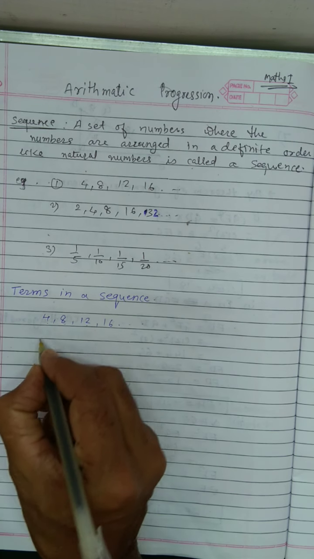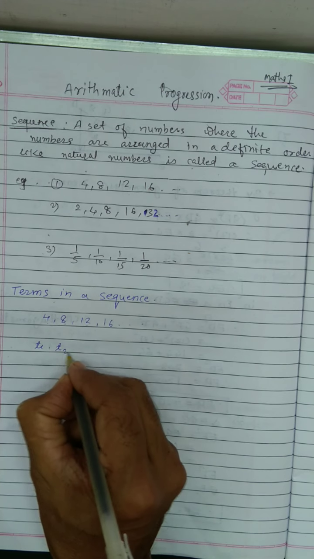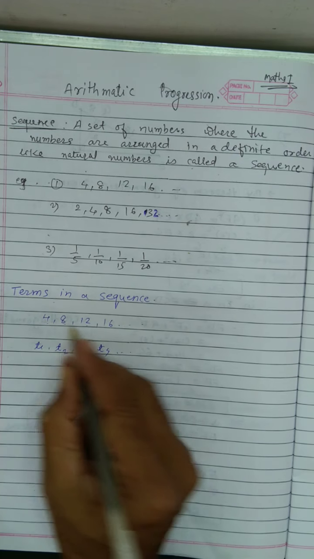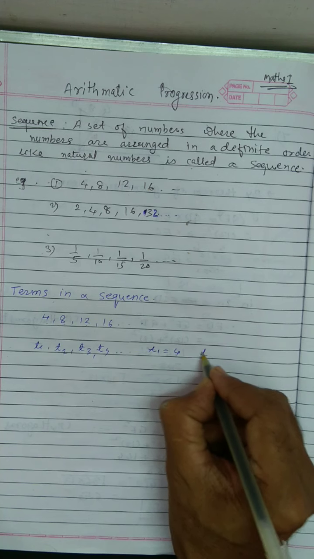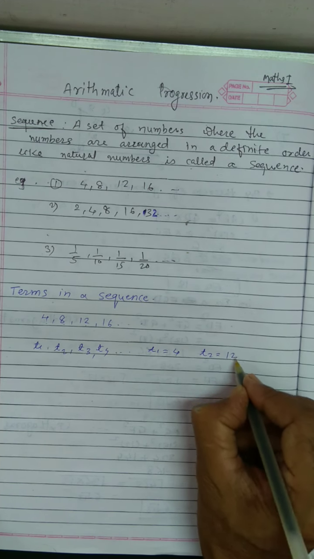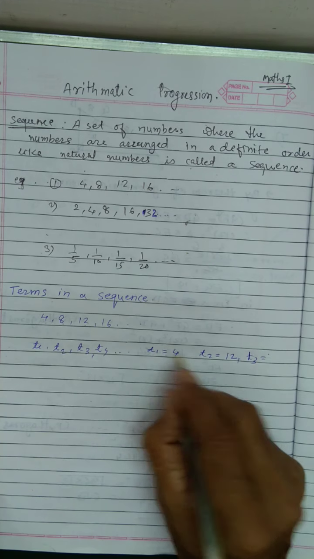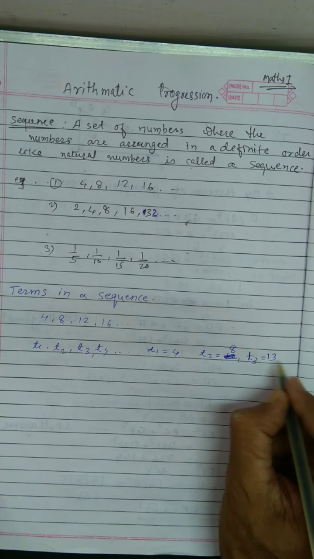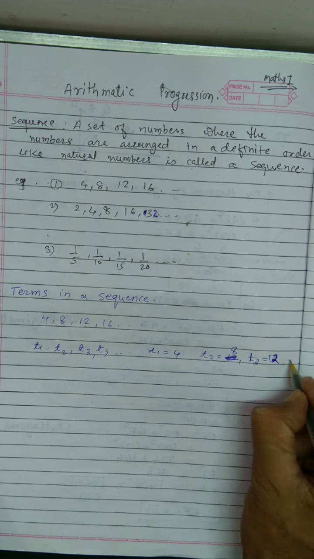The terms are written as T1, T2, T3, T4 and so on. Here T1 is equal to 4, T2 is equal to 8, T3 is equal to 12, and so on.